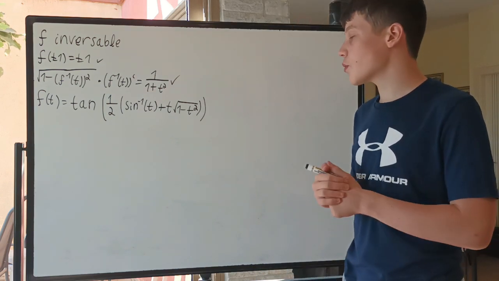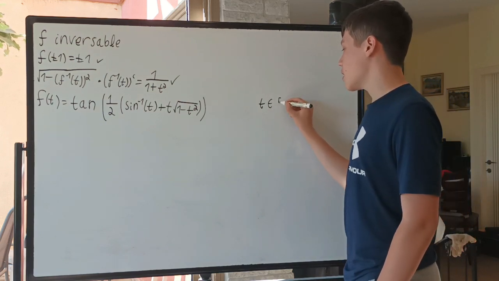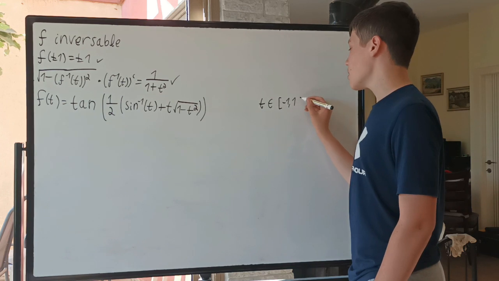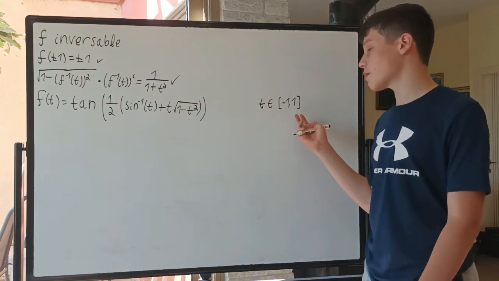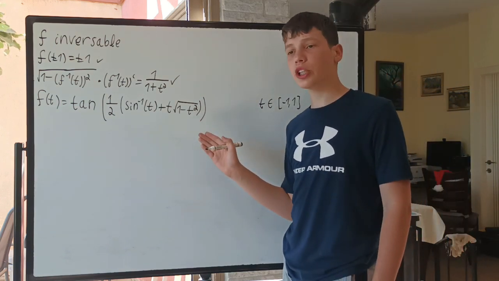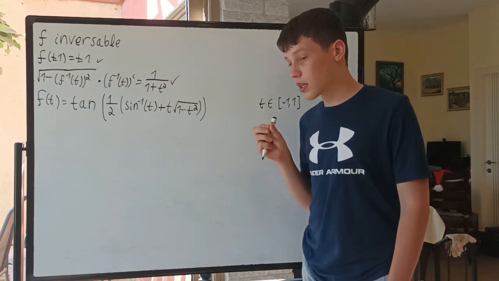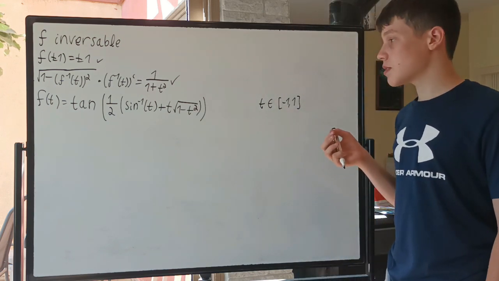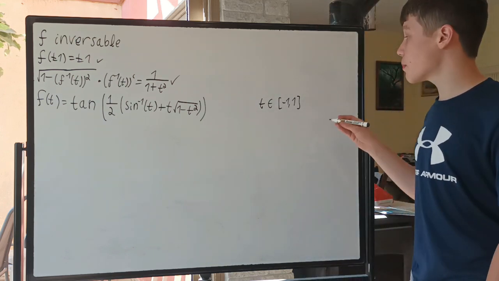First of all, I think you'd agree with me that on the interval from negative 1 to 1, this function is continuous. So there are no places where it breaks.